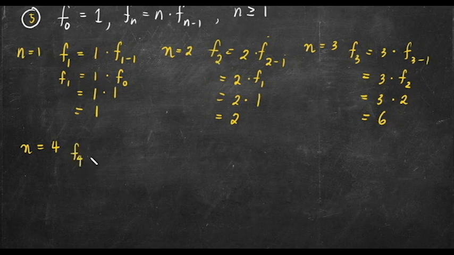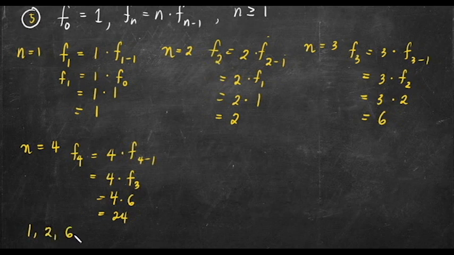So, f sub 4 equals 4 times f sub 4 minus 1, which is 4 times f sub 3, which is 6. 4 times 6 is 24. And our sequence, first 4 terms: 1, 2, 6, 24.